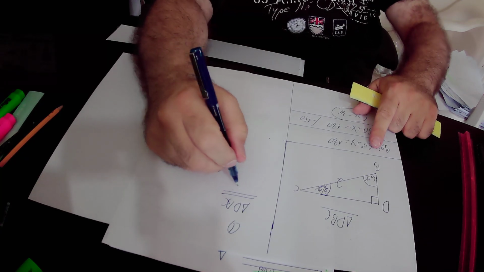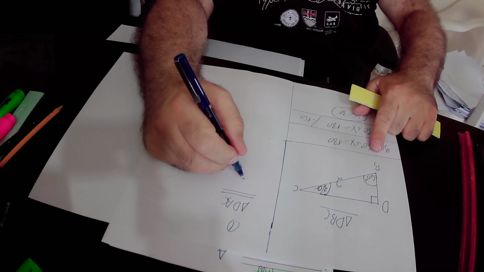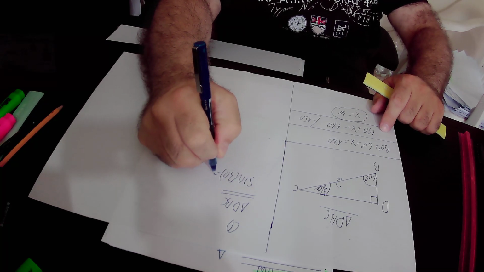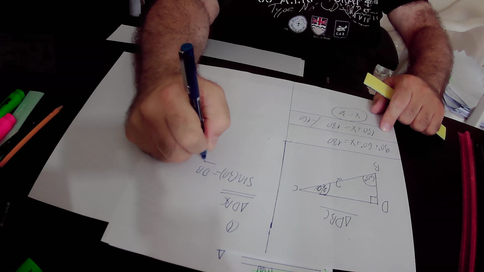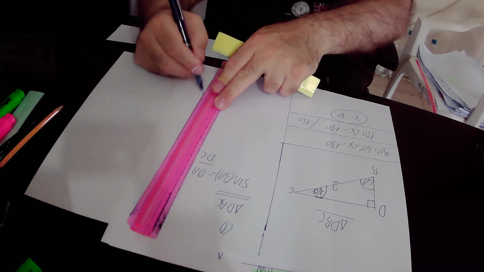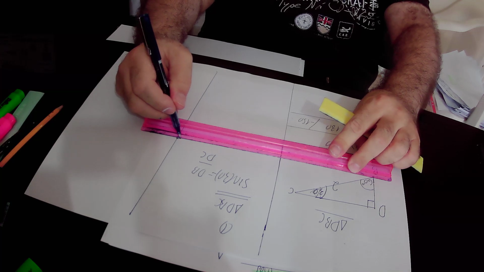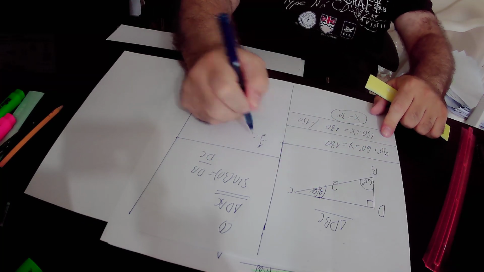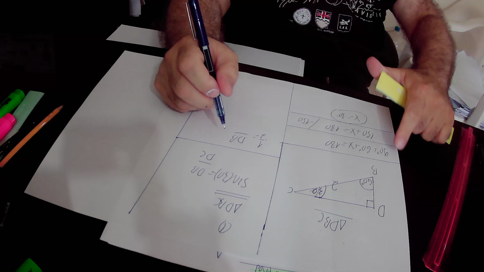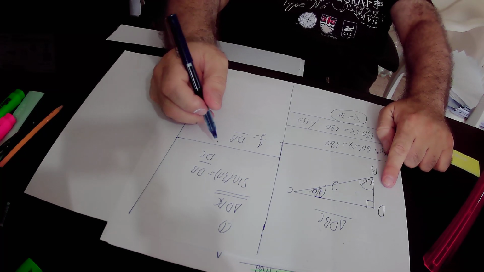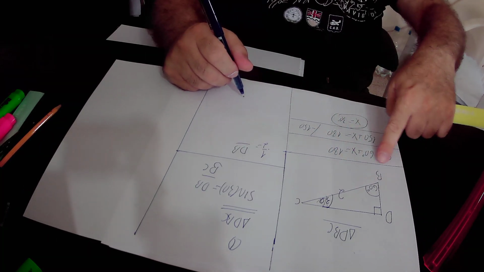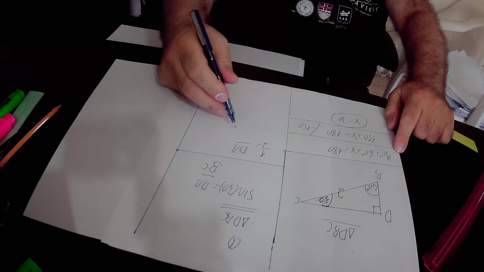It is very easy to see from the drawing that sine 30 degrees is equal to DB over BC, the hypotenuse. Sine 30 degrees is 1/2, so 1/2 equals DB over BC.